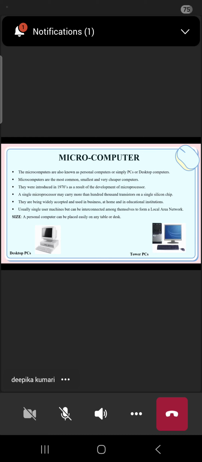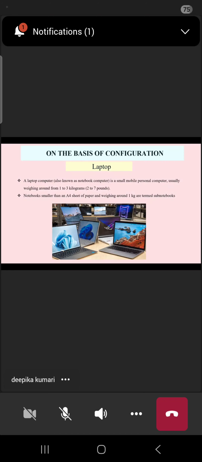All of us may have had this type of computer in earlier times. Also, our colleges and universities have this type of computer. These are the desktop computers kept on our tables on the desk. The second type of computer on the basis of configuration is laptop. A laptop computer is also known as a notebook computer.